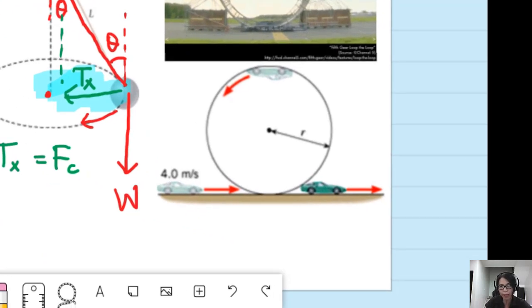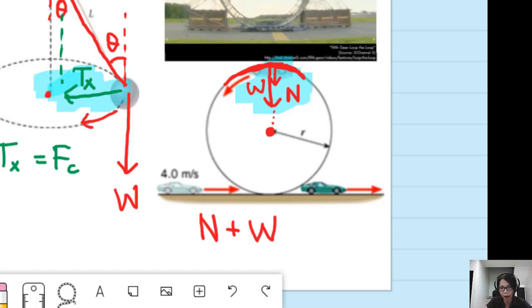loop. When the car is at the top of the loop, it is doing circular motion. For this car, in contact with the surface of the loop, it has a normal force. Besides that, this car has weight W. Both the weight and the normal force point towards the center of the circle.